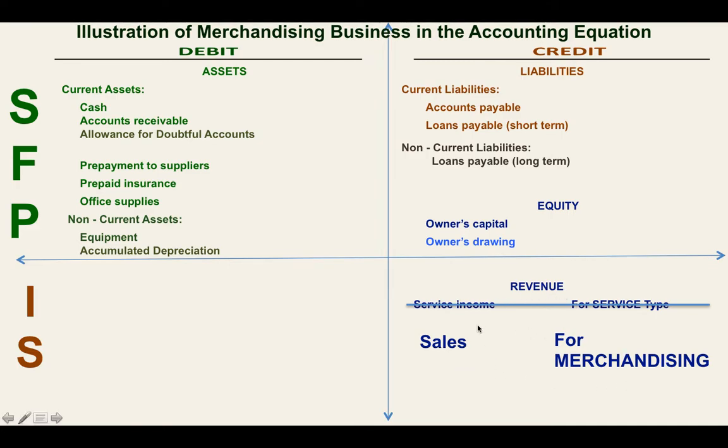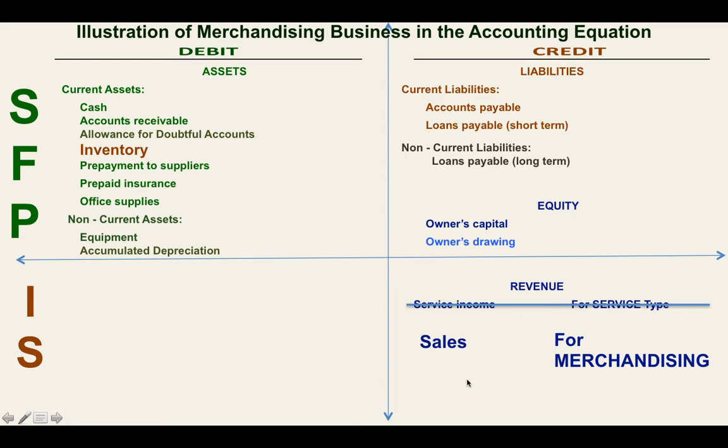Okay? Because we have sales, we have to have the items that we are going to sell. And these items are our inventory. Okay? So this inventory will be the one to be sold to our customers. And now, if we have sold the inventory, we will have sales.